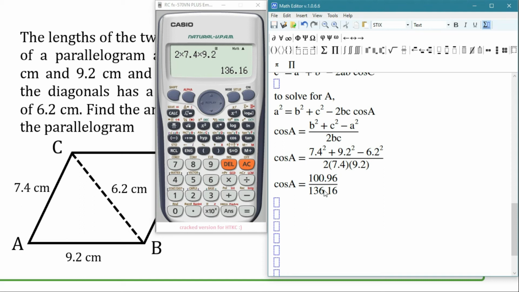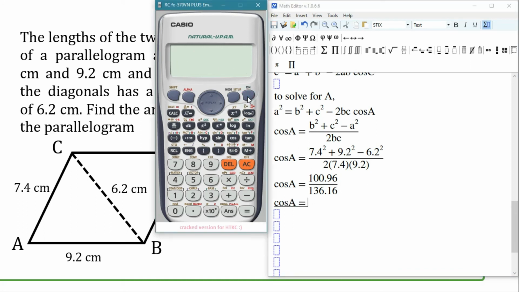And then, sisimplify na natin siya. So we have cosine of A equals, sabi natin dyan, that's 110.96 divided by 136.16.